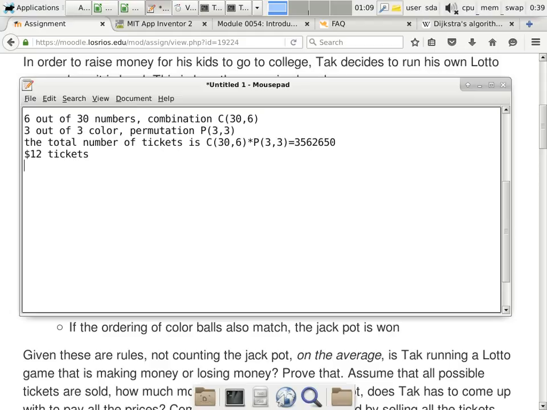Wait, so if you sell all the possible tickets, then there's one jackpot, so someone's going to win the jackpot? Yes. So the only way I can afford to send my kids to college is to make up the rule that with the remaining money after paying off all these extra prizes, the jackpot is going to be 75% of whatever money is left.